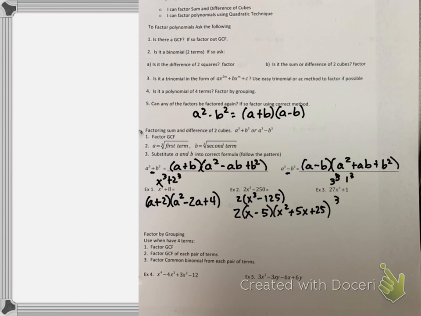Okay, so we have 3x plus 1, so that's the cube root of both of those. Now we've got to square the first term, so 9x squared. Remember, I'm squaring everything. Multiply them together, you get 3x, and then you're going to change the sign to a minus, and then square your last term. And that's it. That's how you do the sum and difference of cubes.